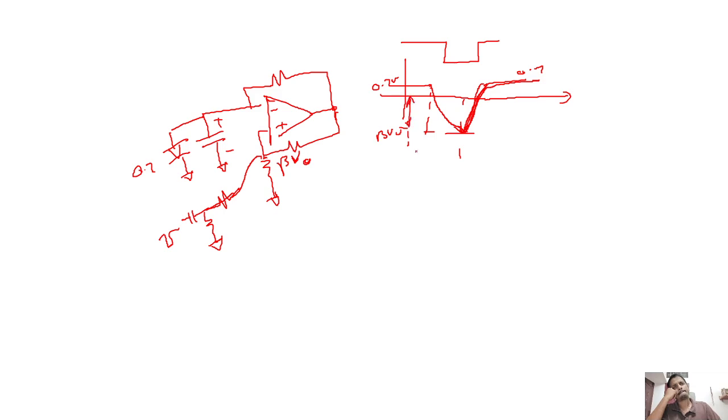The capacitor voltage has to change from minus beta V naught to 0.7. The end voltage is 0.7, but the change is minus beta V naught plus 0.7. That much change has occurred across the capacitor. That's correct.